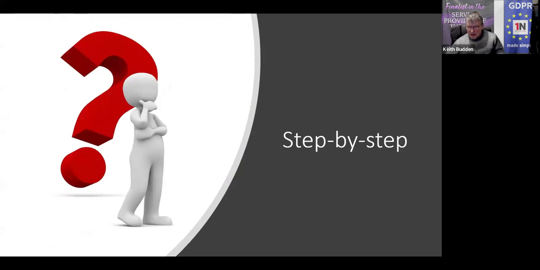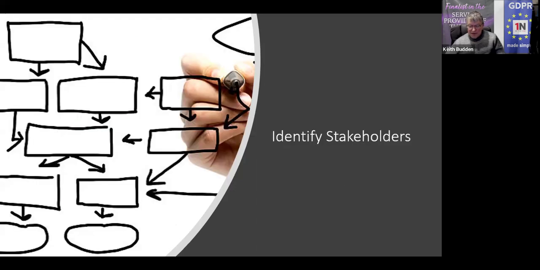So, step by step. First step, as I say, is identifying the stakeholders. Looking at your organization, it's fairly easy if you're a one-man band or a two-person company, because the stakeholders are probably you. But if you're an organization that's got many, many departments, then you need to think about which of those departments are actually holding personally identifiable information.